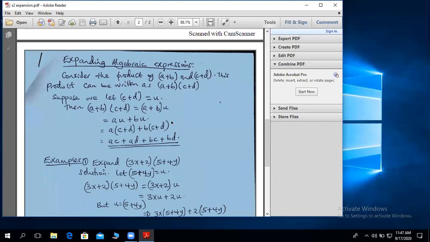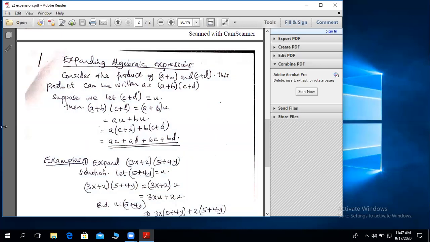So in short, when you are having A plus B into C plus D, it is the same as getting this A and multiplying it by the whole of the second bracket, which is C plus D, then plus B multiplied by the whole of the second bracket. So A times the second bracket plus B times the second bracket.